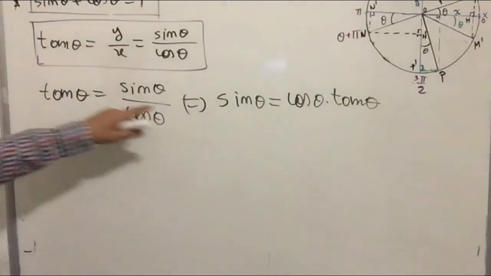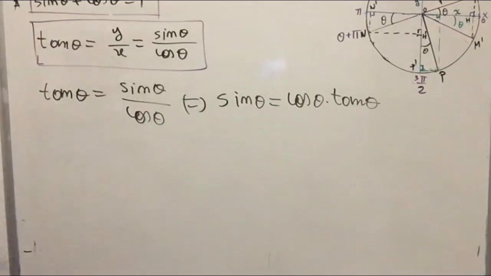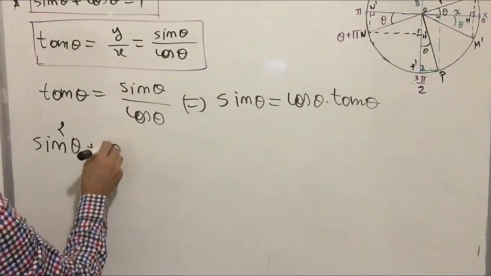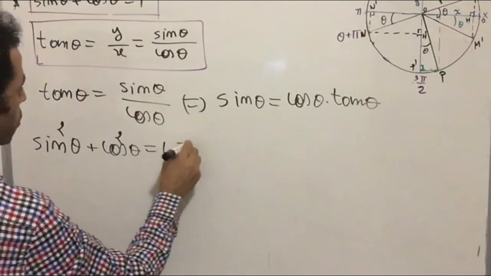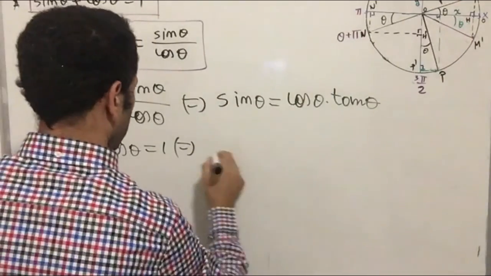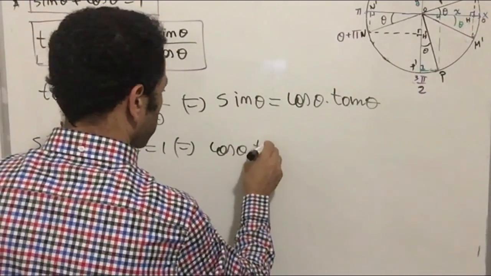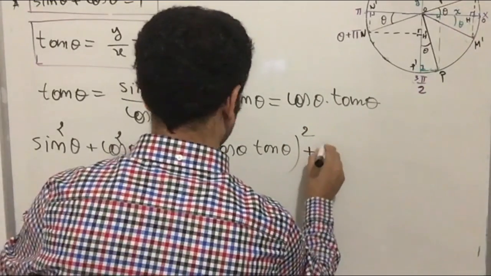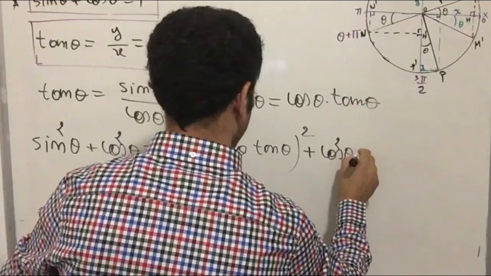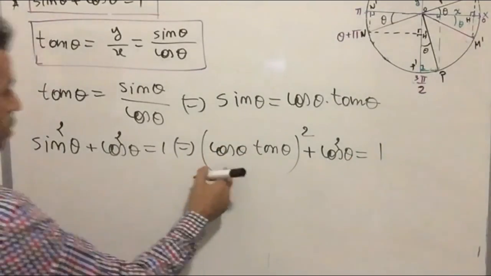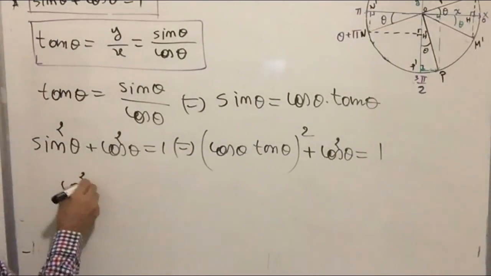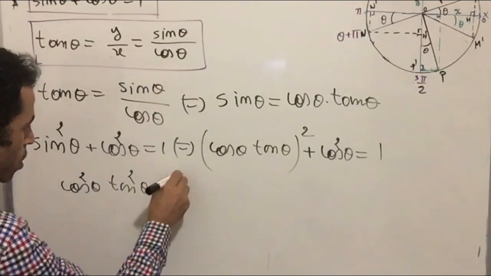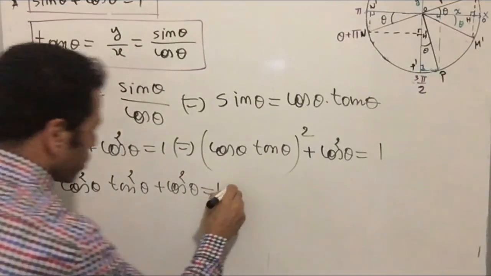Let's plug sine theta into the first equation: sine square theta plus cosine square theta equals 1, so cosine theta multiplied by tangent theta, squared, plus cosine square theta equals 1. So this is cosine square theta multiplied by tangent square theta plus cosine square theta equals 1.